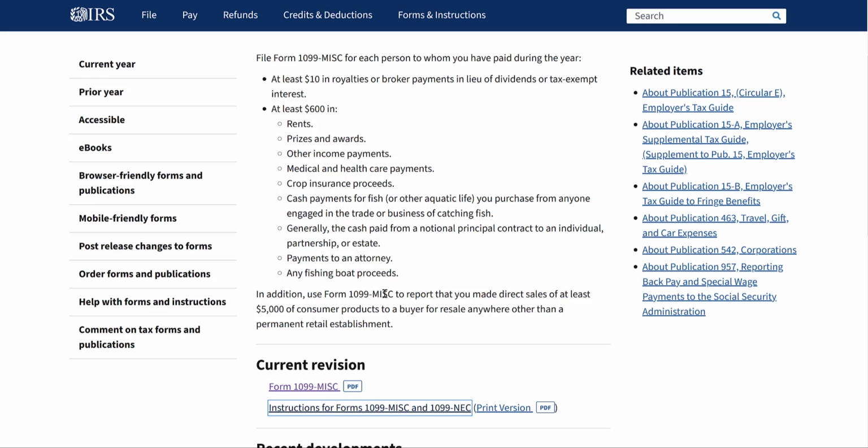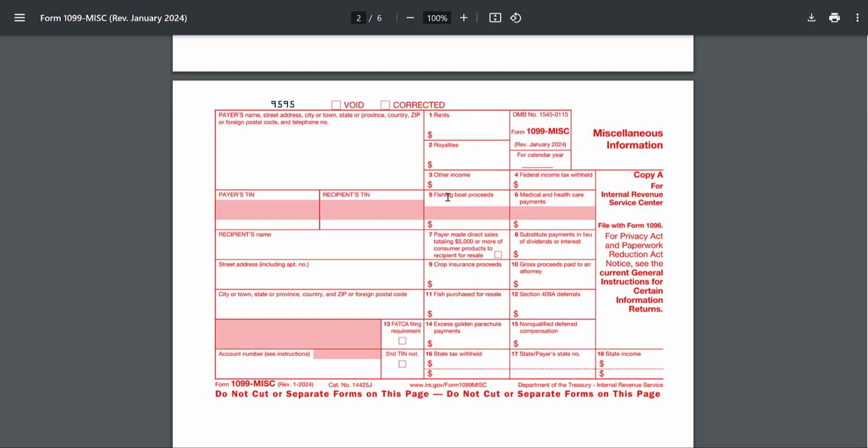You can also use it to report that you made direct sales of at least $5,000 of consumer products to a person or a business for resale anywhere other than a permanent retail establishment. The Form 1099 miscellaneous looks like this. There's a place for your payer's name, your payer's TIN, that's you. The recipient's TIN and their information comes from Form W-9.